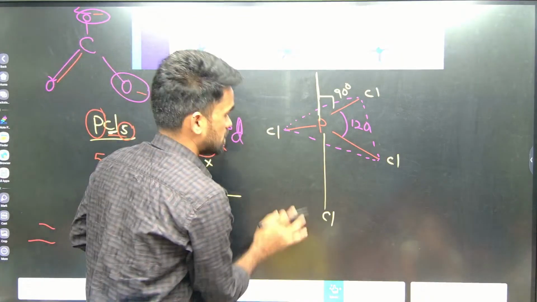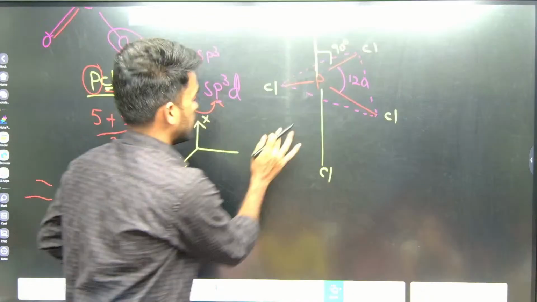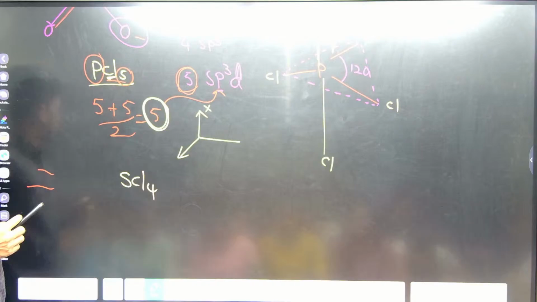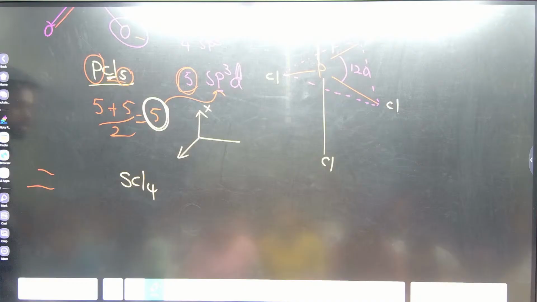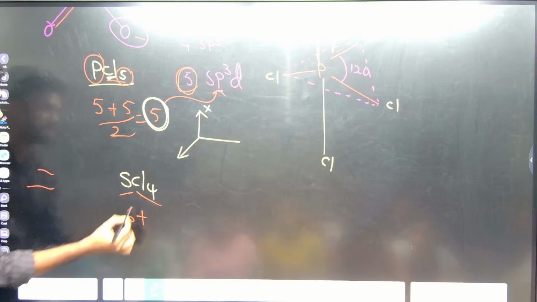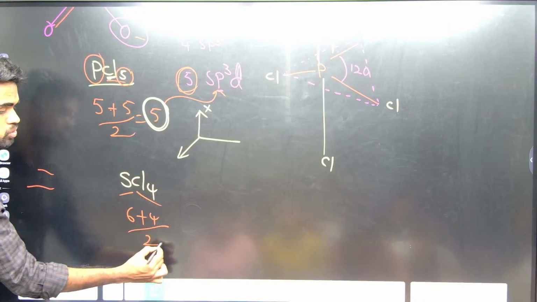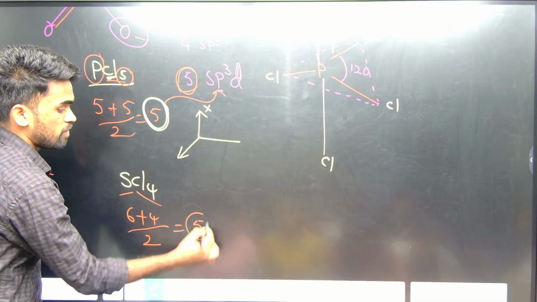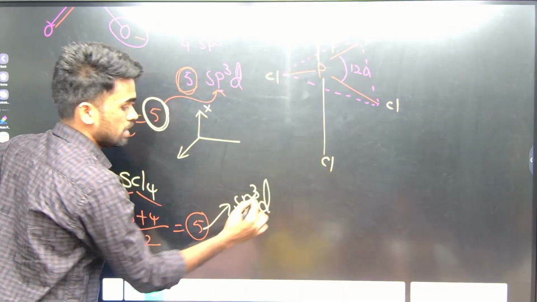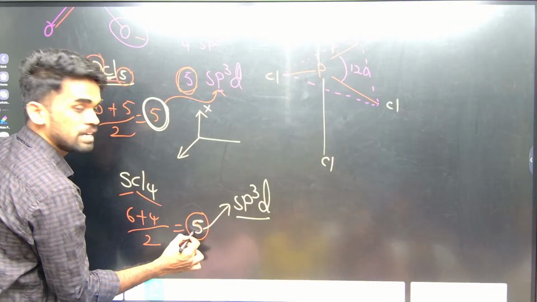Okay, next one. Do this SCl4 fast. S means which group? 16. So how many valence electrons? 6. How many surrounding atoms? 4. 6 plus 4, 10, by 2, so 5. 5 means we should get sp3d hybridization.